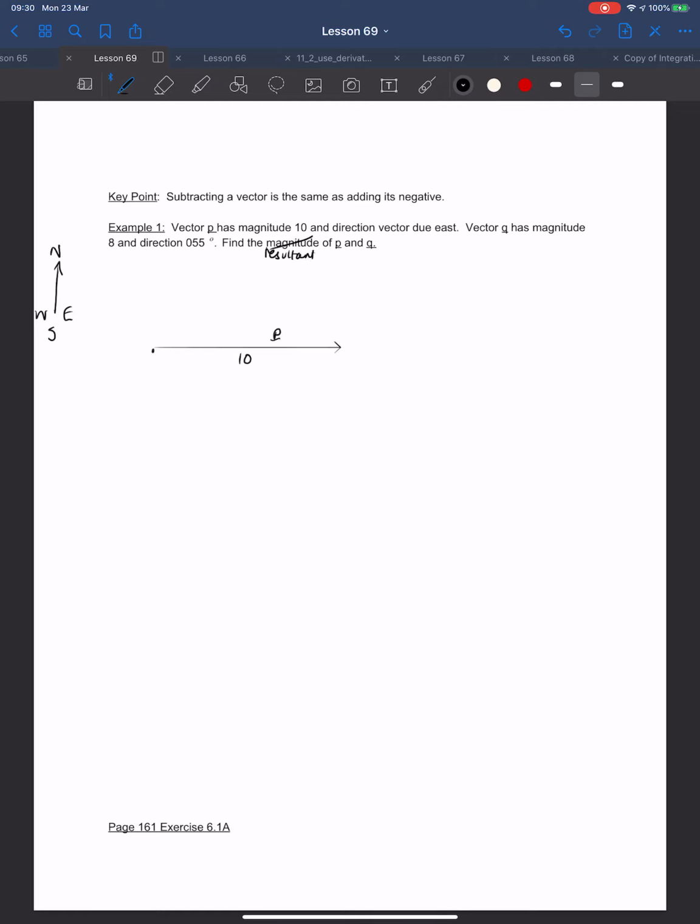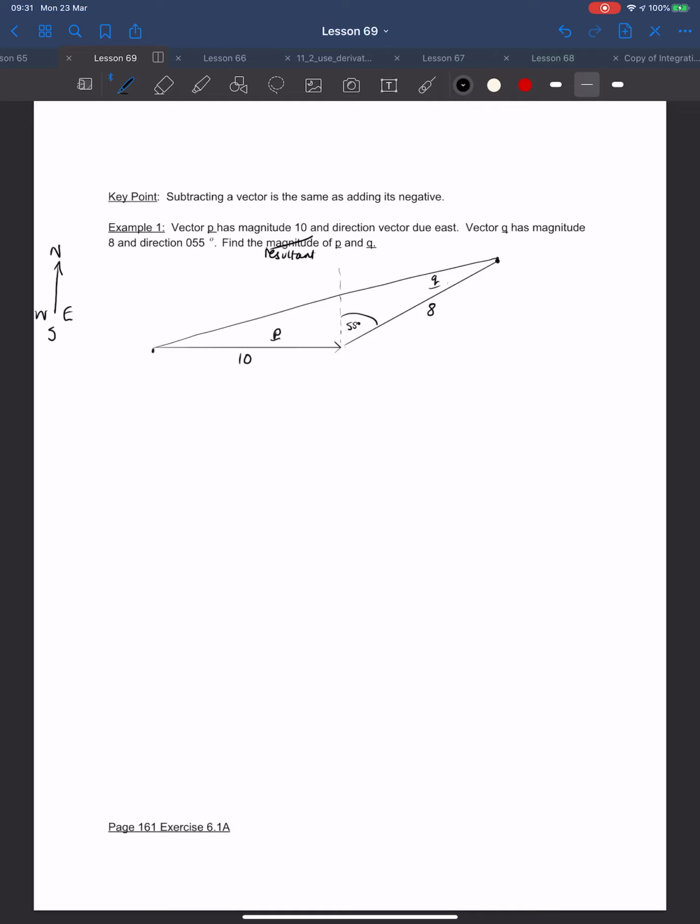I've got what the magnitudes are. So the resultant, this is P, so we've got to add Q to it, magnitude 8, direction 055, means 55 degrees from the north, at length 8. And that's your Q. So we've got P in there, and we tack on Q onto the end, and the resultant is the overall one.